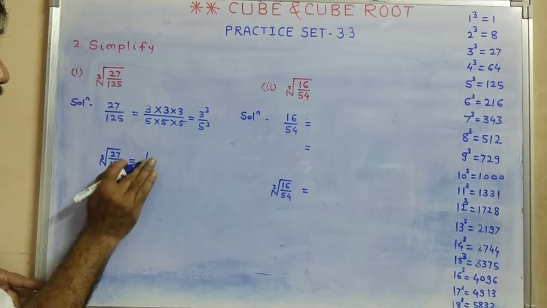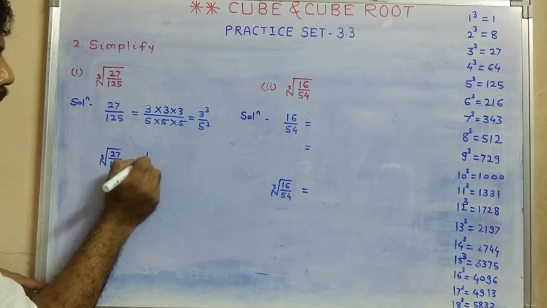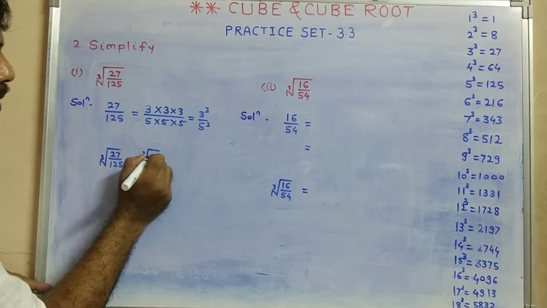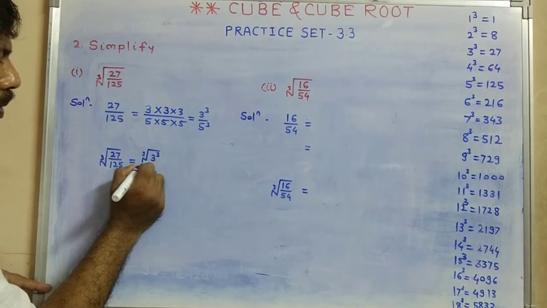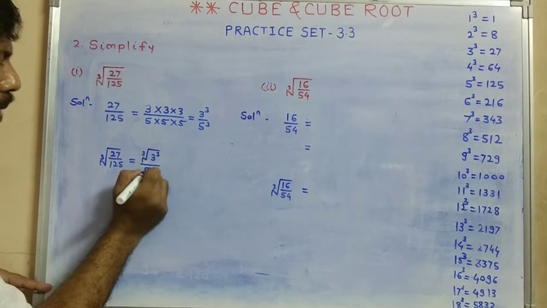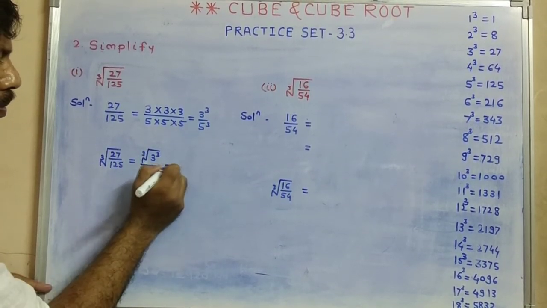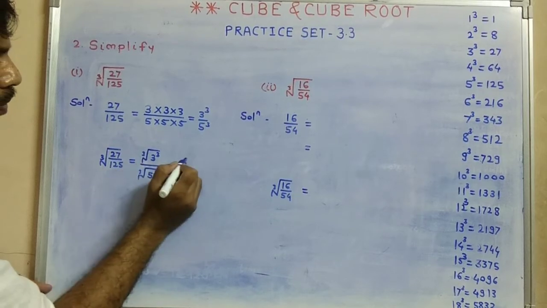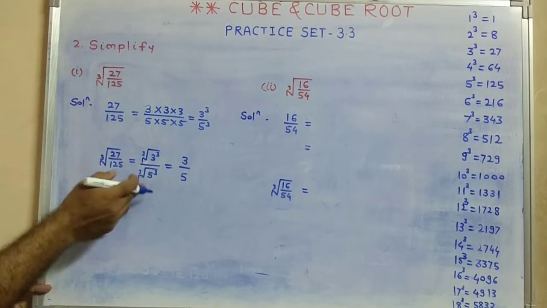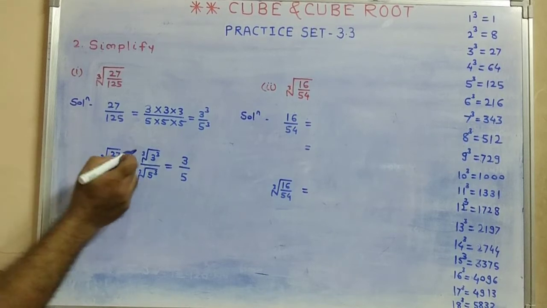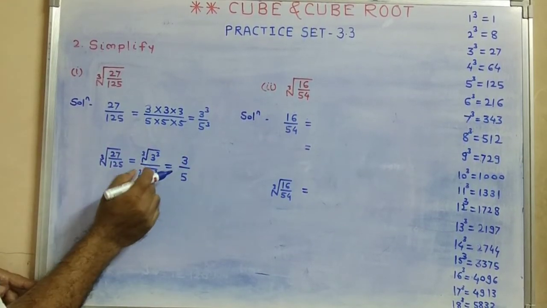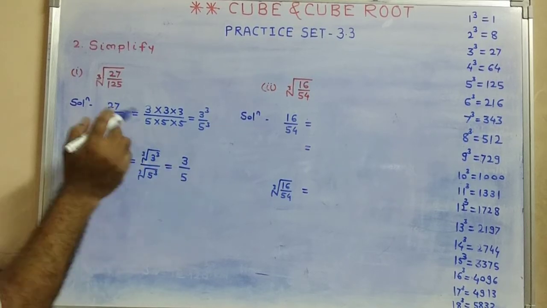Now, you can take the cube root like this. It is the cube root of 27, which is 3 cube, divided by the cube root of 5 cube. Which answer will you get? Here you will get 3 and here you will get 5. As we saw in the earlier example, the cube root of 3 cube will be equal to 3, and the cube root of 5 cube will be equal to 5.